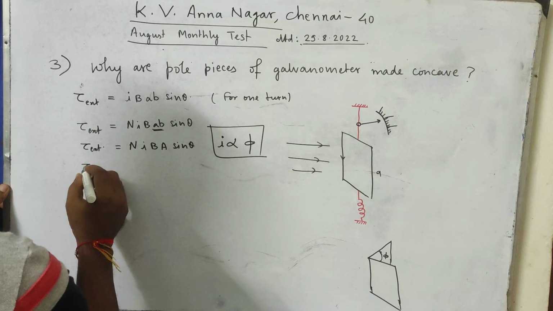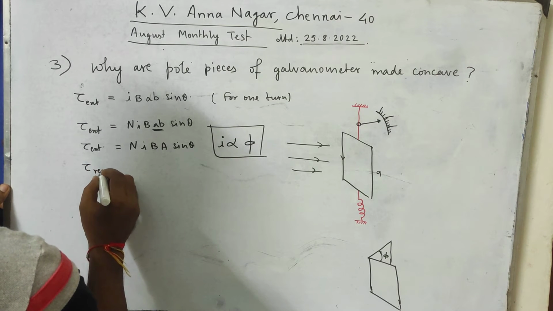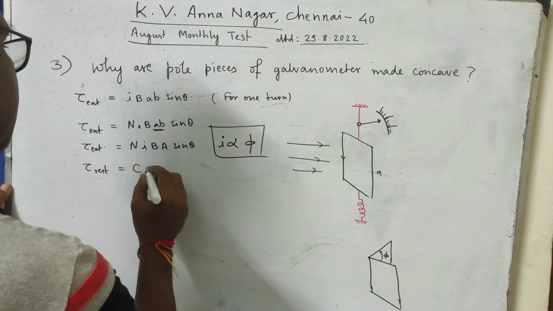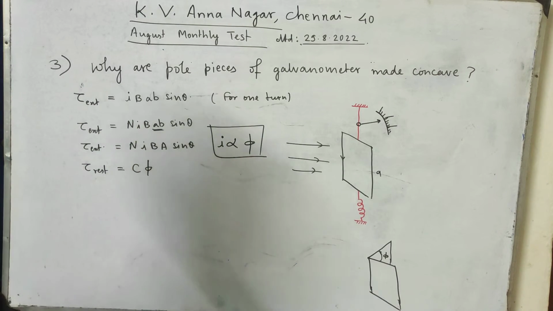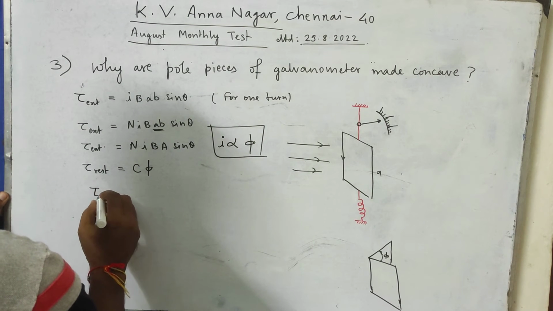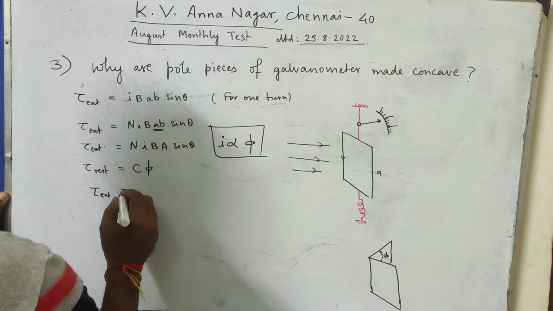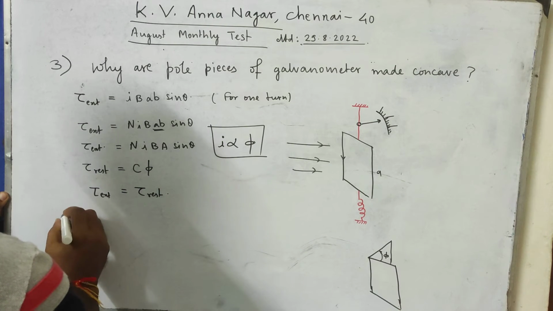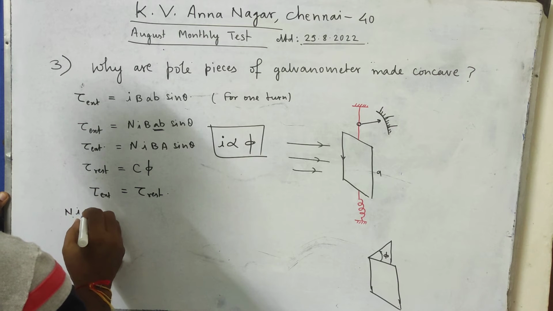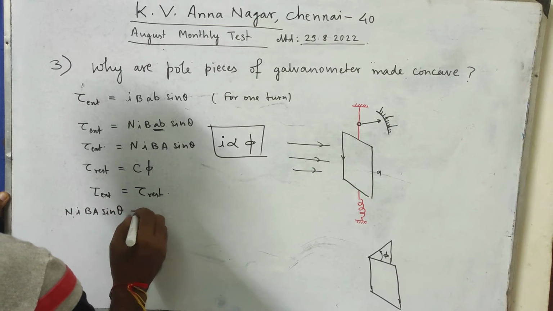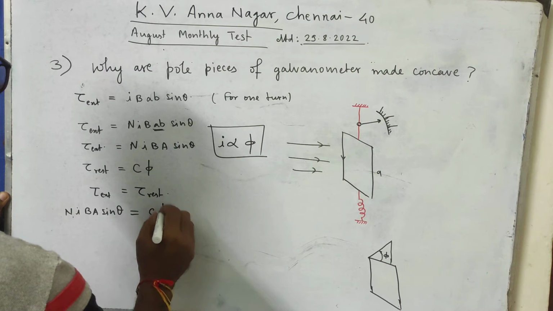So that restoring torque is equal to the spring constant times the deflection. At equilibrium, tau external will become tau restoring. So N I B A sin theta is equal to C phi.